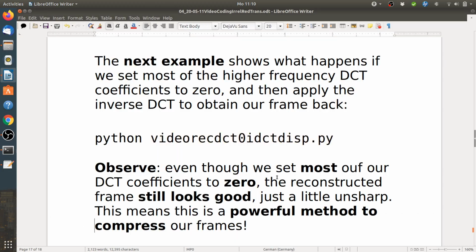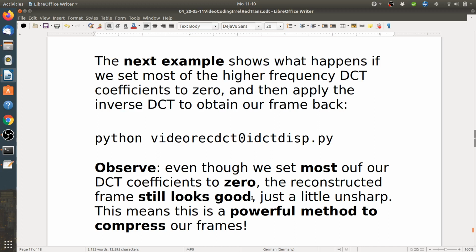Even though we set most of our DCT coefficients to 0, the reconstructed frame still looks good, just a little unsharp. So think about it, we only kept 1/4 of the coefficients horizontally and vertically. That means in total we just kept 1/16 of all of our coefficients.